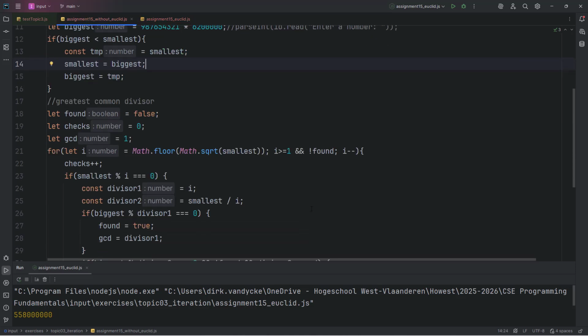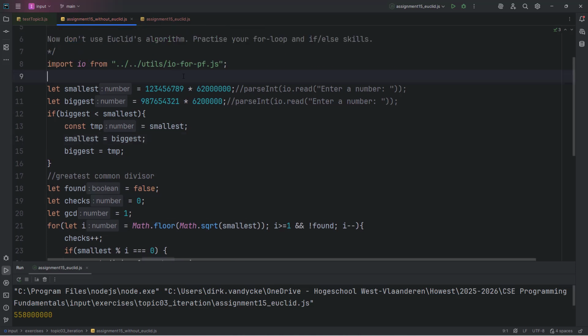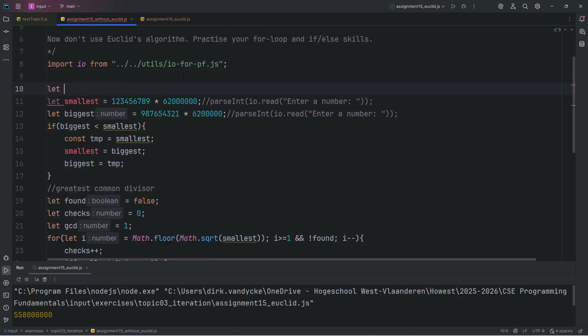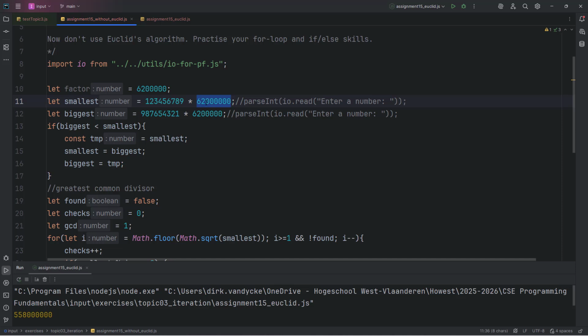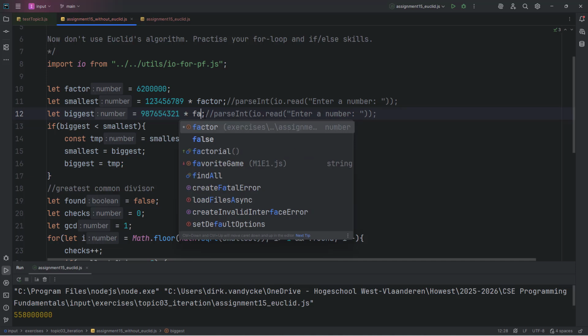And this looks okay. So I'm going to fancy my input here. I'm going to call this the factor, because I want to check with large divisors and small divisors. So I'm just going to put this in a variable factor.